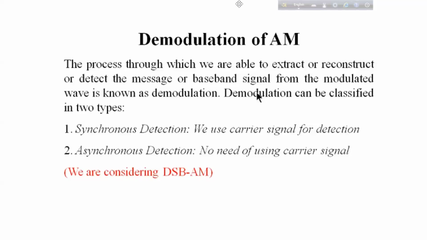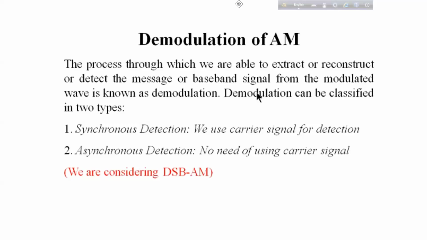If I talk about the classification of demodulation of amplitude modulation, then demodulation can be classified into synchronous detection and asynchronous detection. Now, what is synchronous detection? We have seen in amplitude modulation double sideband full carrier and double sideband suppressed carrier. In double sideband full carrier, we send the modulated signal along with the carrier signal.